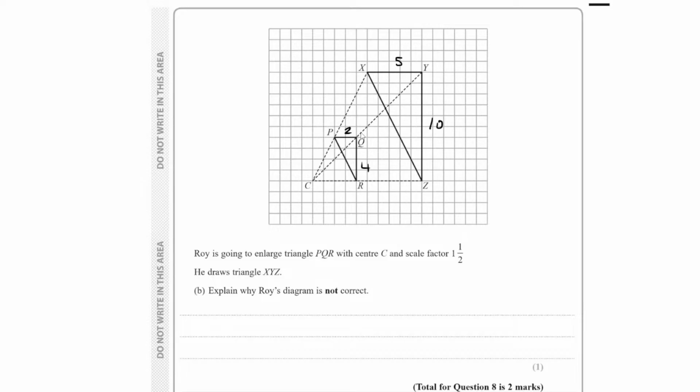Because 1.5 would make it 3 by 6. He's actually used, you could say 5/2, you could say 10/4, that would simplify to 5/2. Scale factor 2.5, isn't it? Or in other words, 5/2, not 1.5. So that's what's wrong. It's not the correct scale factor.